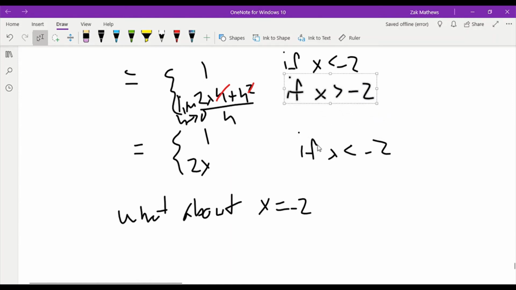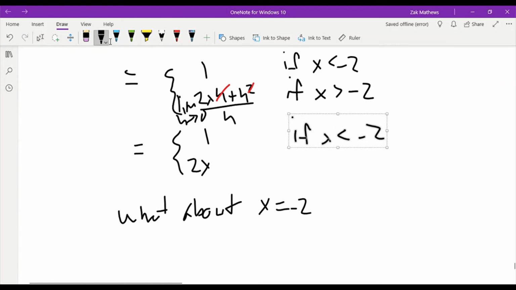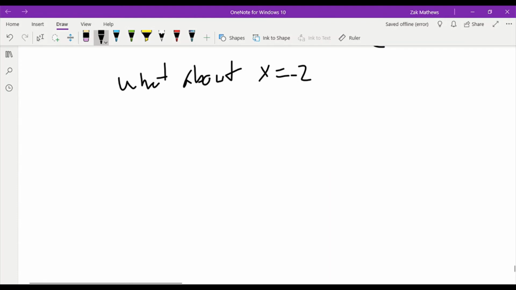The 1 is true if x is less than negative 2, and the 2x is true if x is greater than negative 2, but what about at negative 2? The first thing I see is if I plug the negative 2 into both of these, the first one I would get a slope of 1.